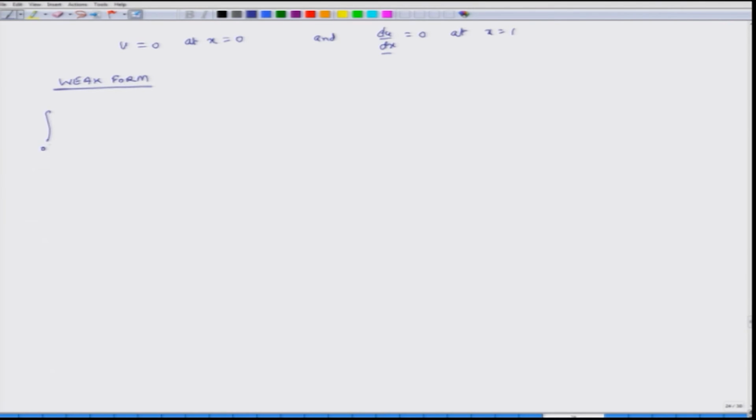So, I will rewrite it from 0 to 1 because our domain is, and this was the integral of dw over dx, du over dx, dx is equal to minus the integral 0 to 1 of w x square dx, plus w u prime from 0 to 1.